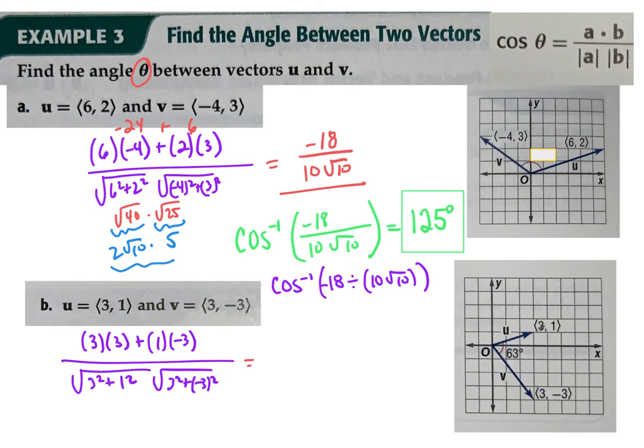All right, in the numerator, we get 9 plus negative 3, right? So we get 6. In the denominator, this is going to be square root of 10, and this is going to be square root of 18. So we get, this doesn't simplify.